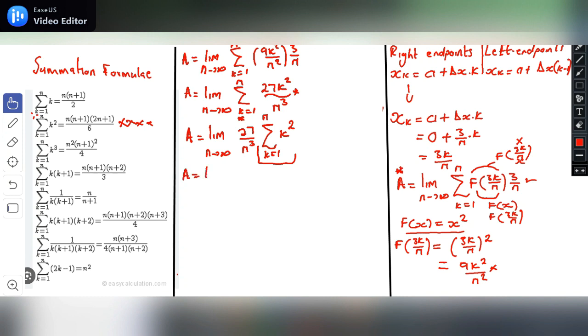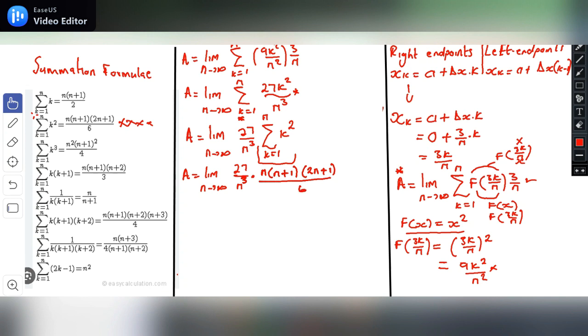Therefore, let's do that. It's the limit as n approaches infinity, 27 all over n cubed, multiplied by, it's n cubed, guys, don't get confused. Okay, let me fix it. Therefore multiply by this formula, which is n into n plus 1 into 2n plus 1 all over 6.